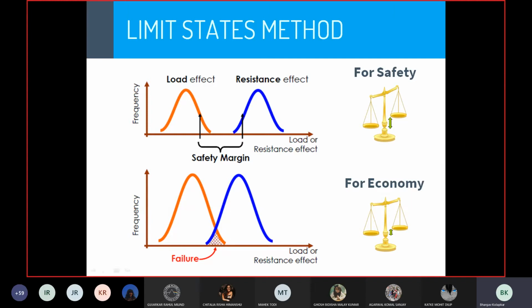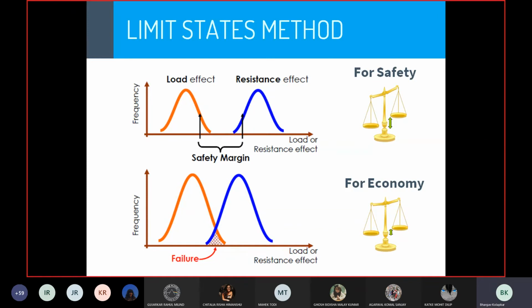And that economy is what you see in the lower graph, wherein there is a slight overlap between the load and resistance, meaning that there is a slight possibility of failure, meaning that the possibility of failure is acceptably low.